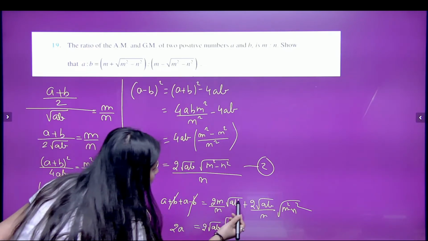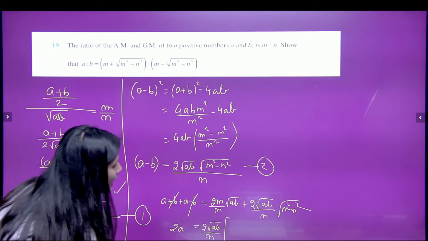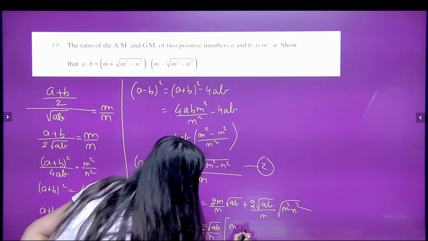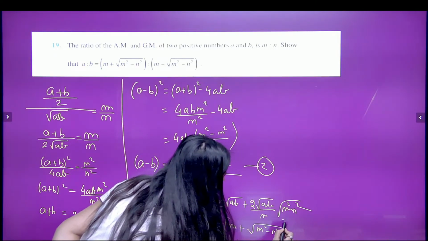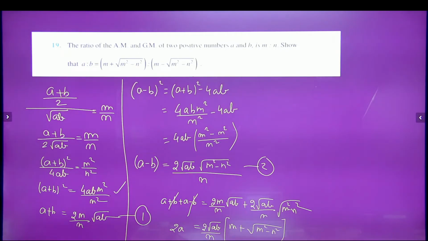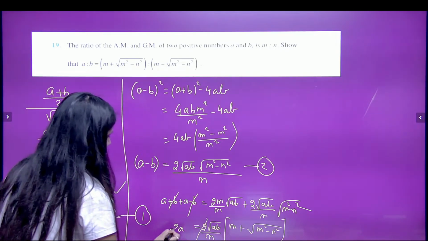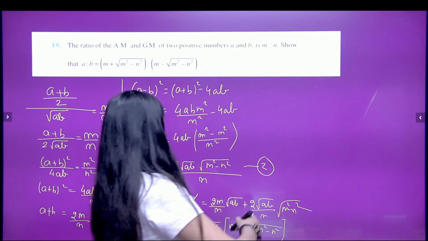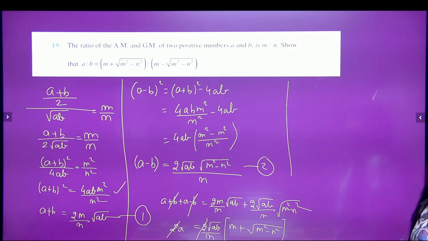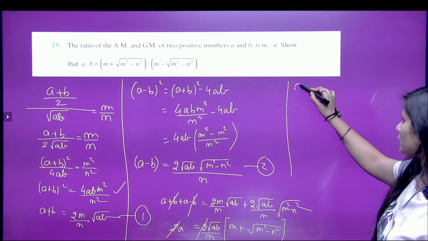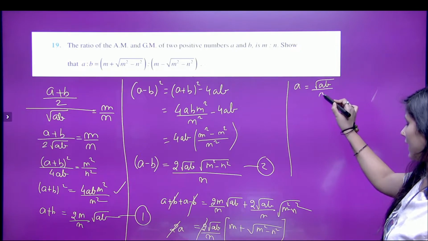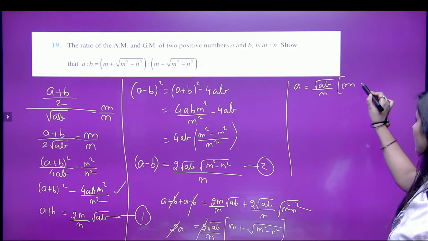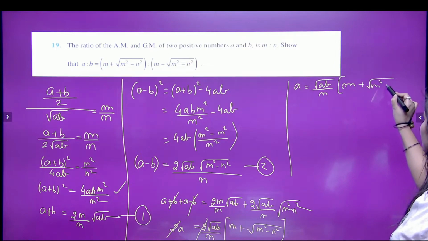So I have 2 root AB by N also, so we have M plus under root M square minus N square. Clear? So the value of A is equal to root AB by N into M plus under root M square minus N square.